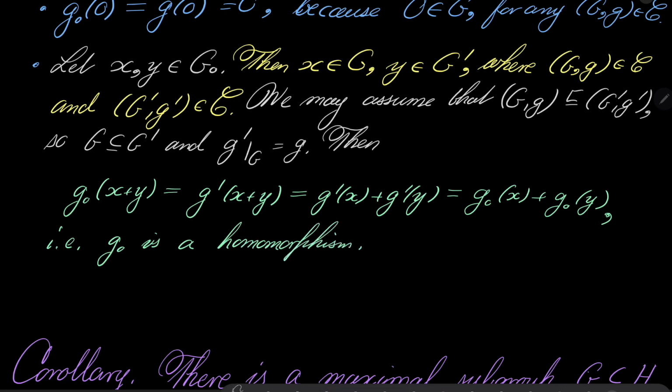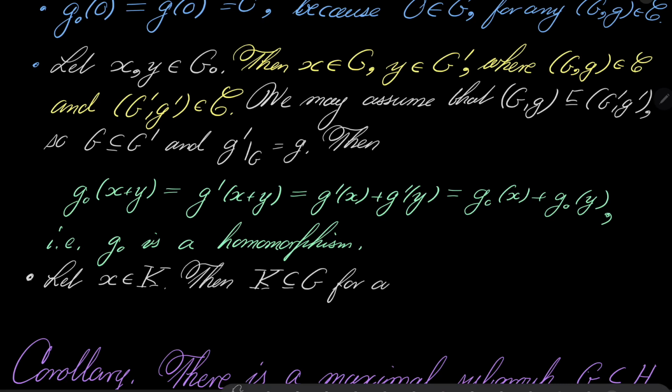And the last part to be demonstrated is this: let X be an element of this set K. Notice that K is a subset of G for any G in our chain.